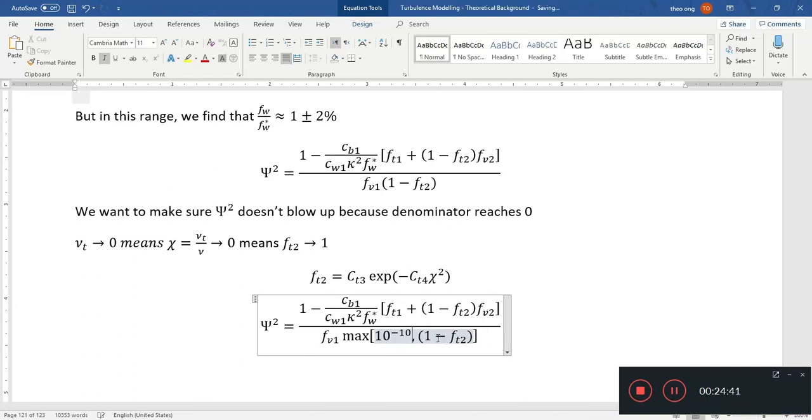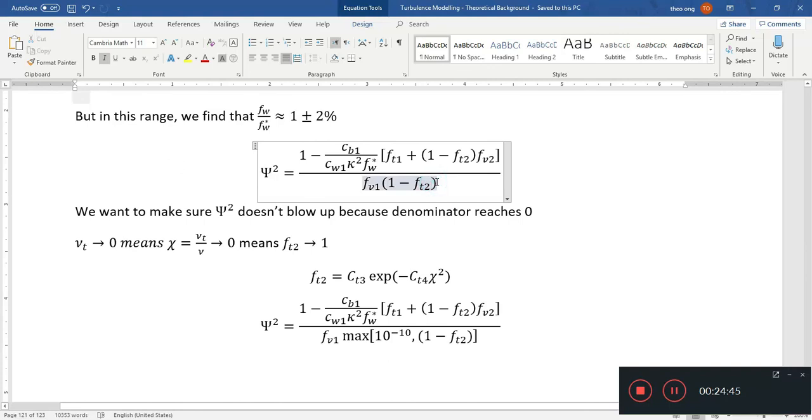This prevents this term from reaching 0 in the case of extremely low turbulence viscosity, which is what happens in our grid refining case, because you refine your grid so much that you destroy all the turbulent viscosity and it can reach 0. You don't want that to happen, and this helps it become stable.